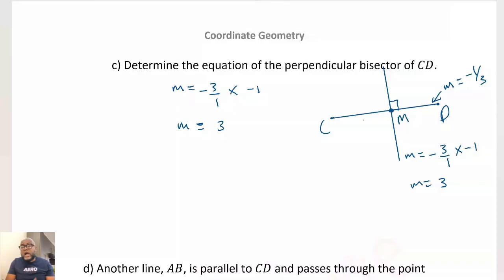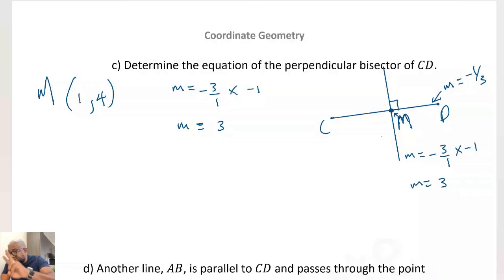What point is it passing through? 1,4. Daryl said it, right? Your midpoint, 1,4, is actually a point on your perpendicular bisector.